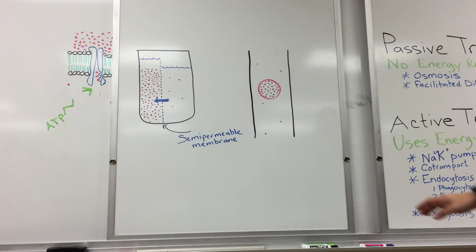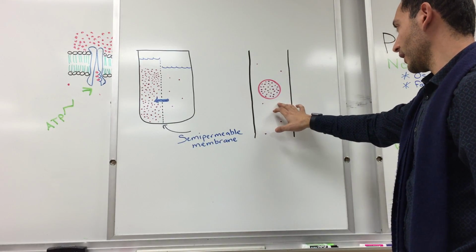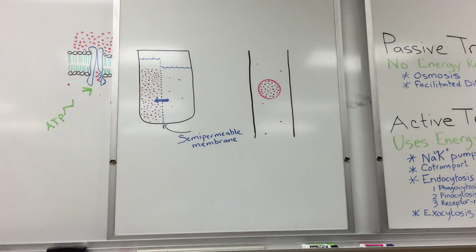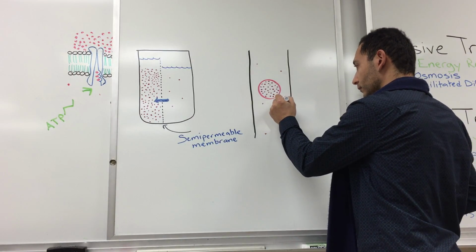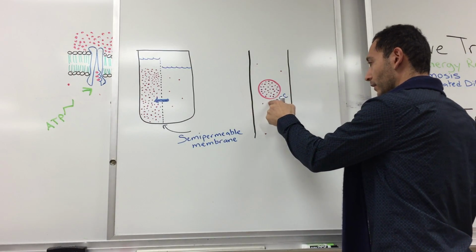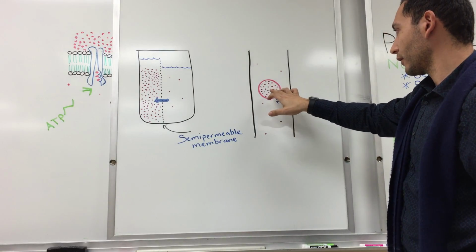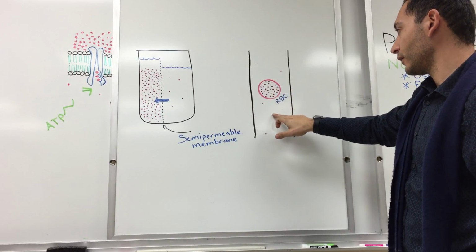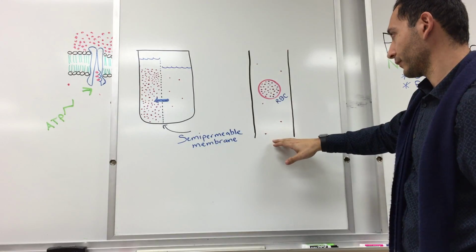Now in this example, let's say this is a blood vessel, and here is one red blood cell. Relatively speaking, it looks like there's more solute inside the red blood cell than outside the red blood cell in the stream.